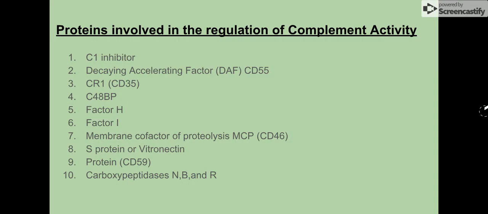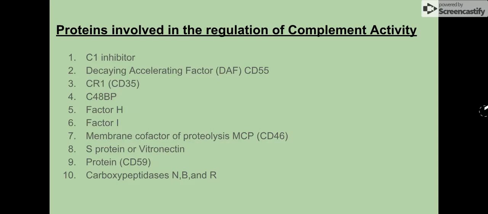The next one we're looking at is the membrane cofactor, or I'll just call it CD46. It too affects all three pathways: the classical, the alternative, and the lectin. Its function is as a cofactor for factor I in degradation of C3b and C4b. Number eight is the S protein. It can block all pathways.